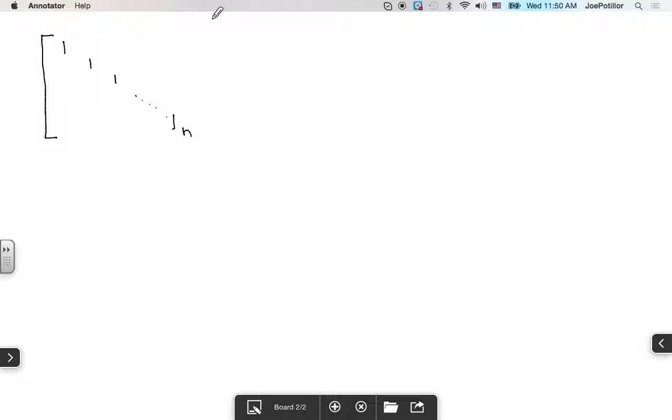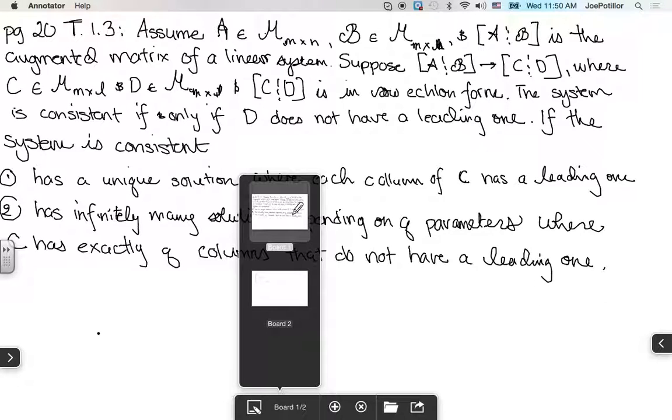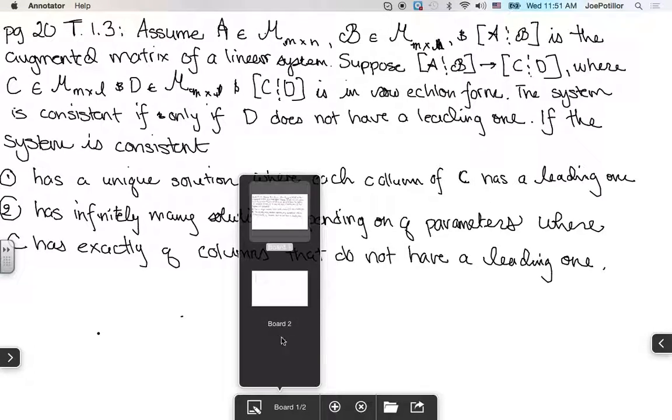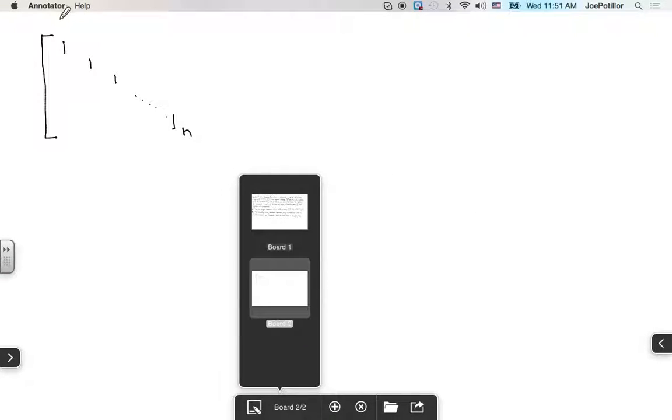Let's visualize what this means. Going back to the fancy wording for a minute. The first is that each column of C has a leading one. So that's what I need in this case here. Let's go to my new picture. So each column, this is our matrix C. Each column has a leading one.